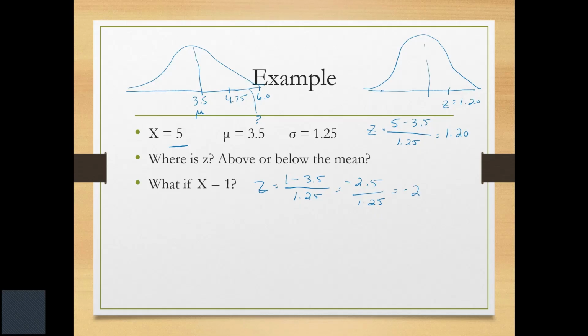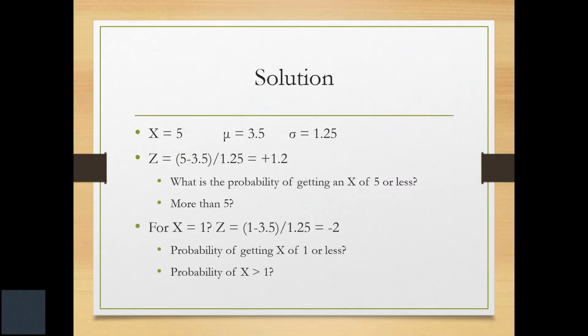Okay, so that z is going to be a little further out, negative 2.00. For R, you don't need all the decimal places, but if you're using the table, you need 2 decimal places, so keep that in mind. Okay, so there's our 1.2 and our negative 2.